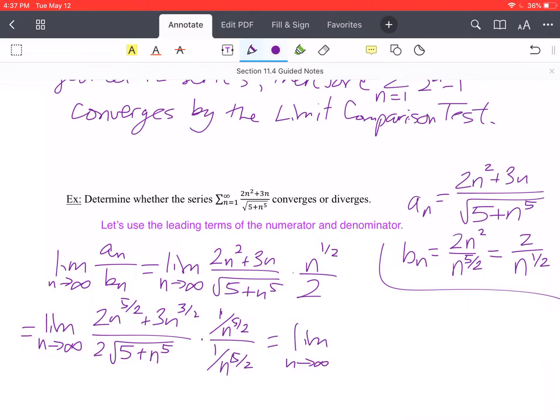So this is going to give us 2 plus 3 over n over 2 times the square root of 5 over n to the 5th, because when you bring it inside the root, it changes the power. So that's going to be that plus 1.